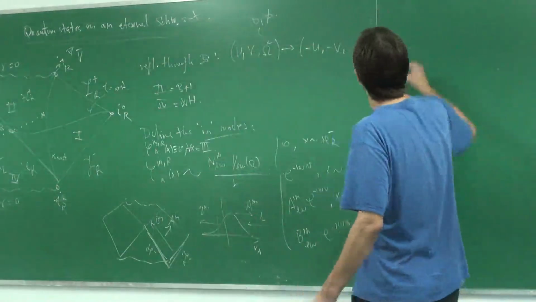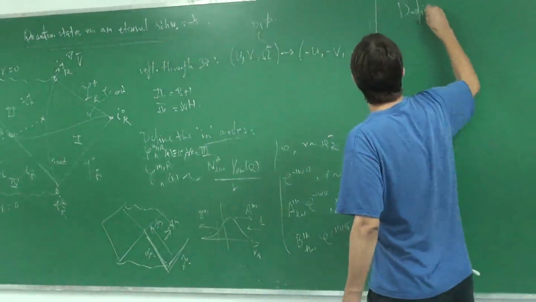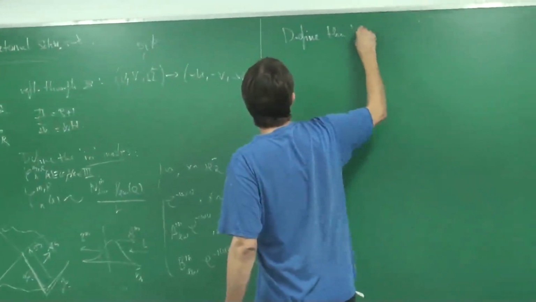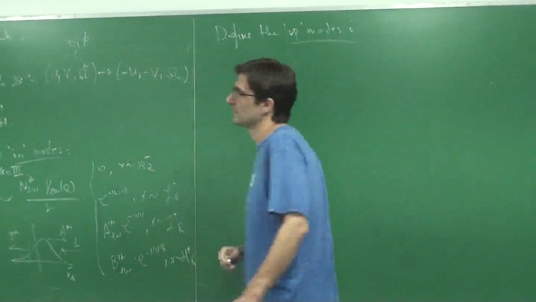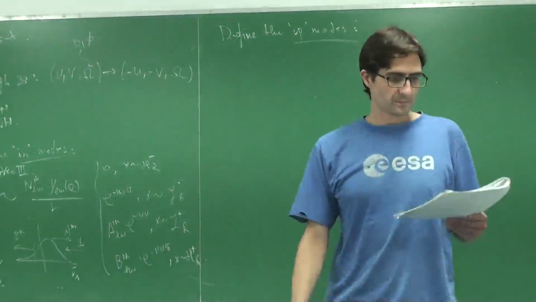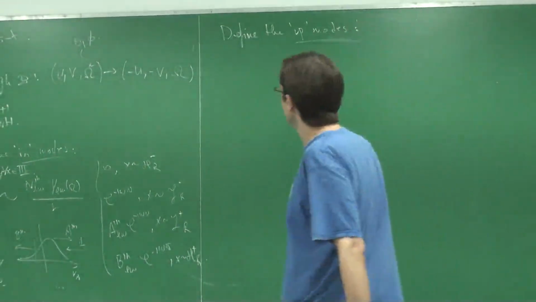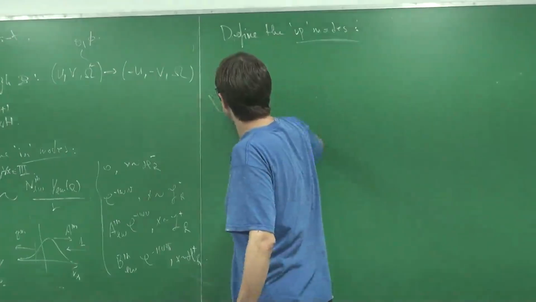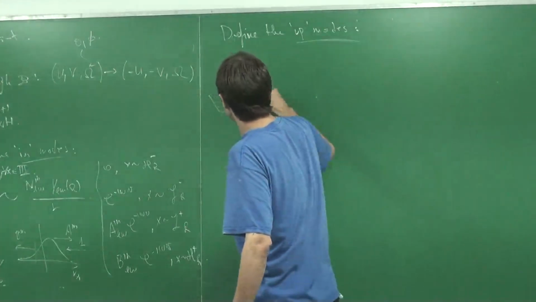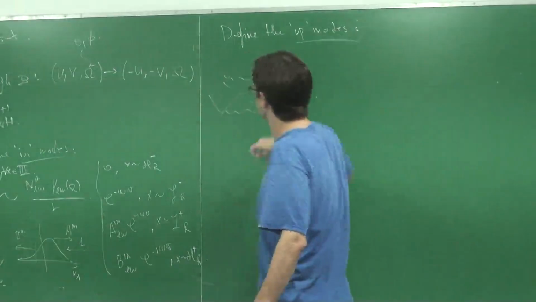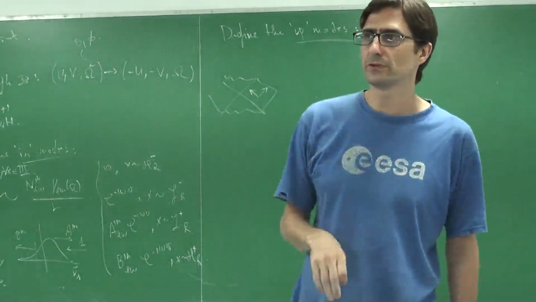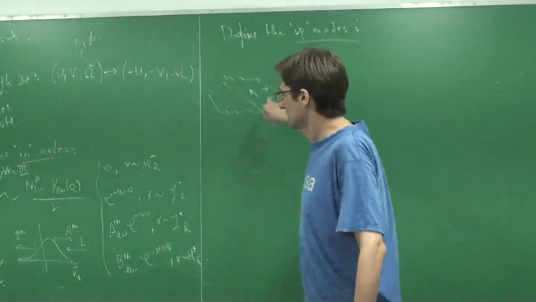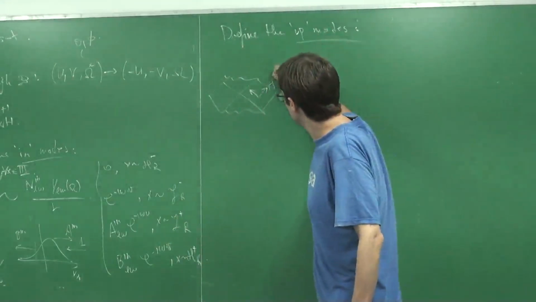Okay, you can define more modes, the up modes. So the up modes are going to be these modes. They're coming out from H minus, part of them goes through to sky plus, so that's going to be A up.